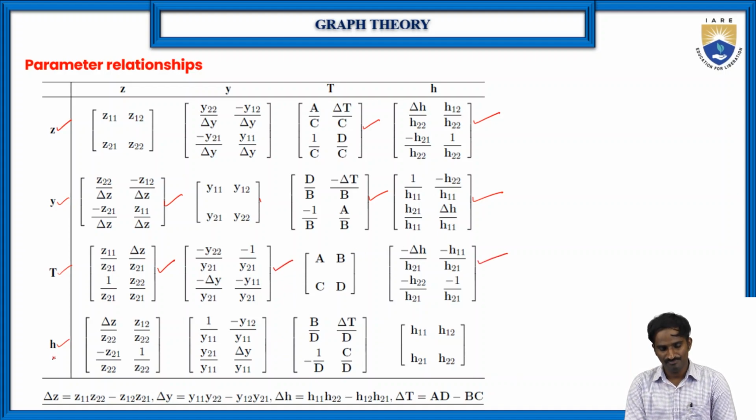And in the same way, the H parameters also we can find from the Z parameters, Y parameters and the ABCD parameters. So this table is very important to know the relation between the various two-port network parameters. Based on this relation, now we are going to discuss some numerical problems.